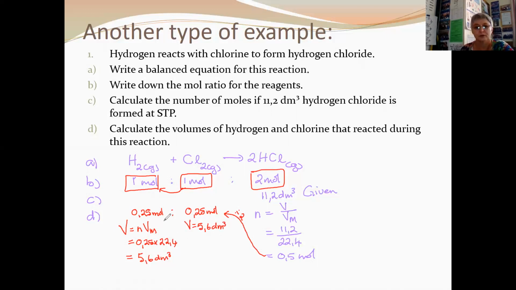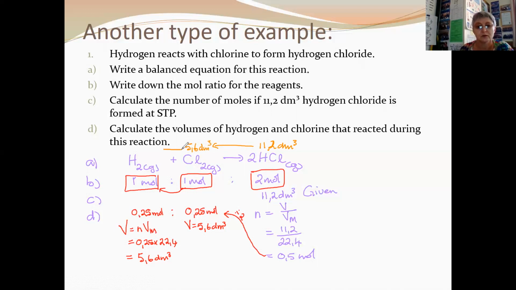I didn't have to calculate these values because of Avogadro's law. If I've got 11.2 cubic decimeters of hydrogen chloride with a mole ratio 2 to 1, the volume of the chlorine will be half of that, which would be 5.6 cubic decimeters.